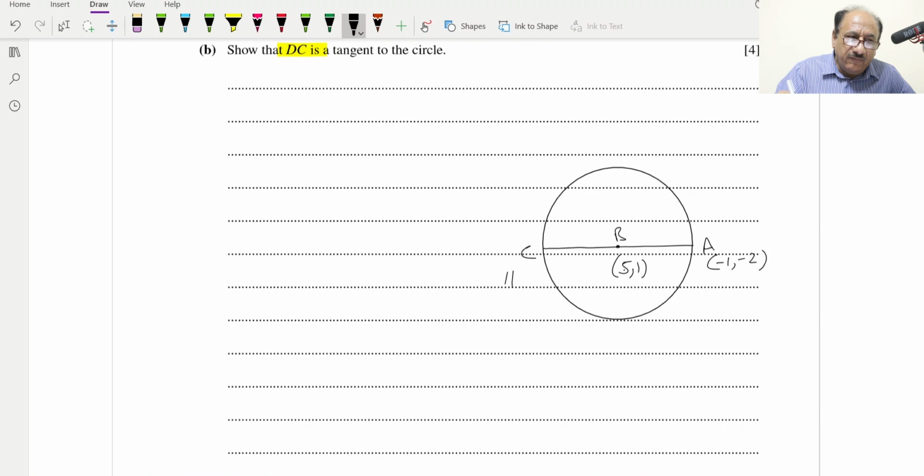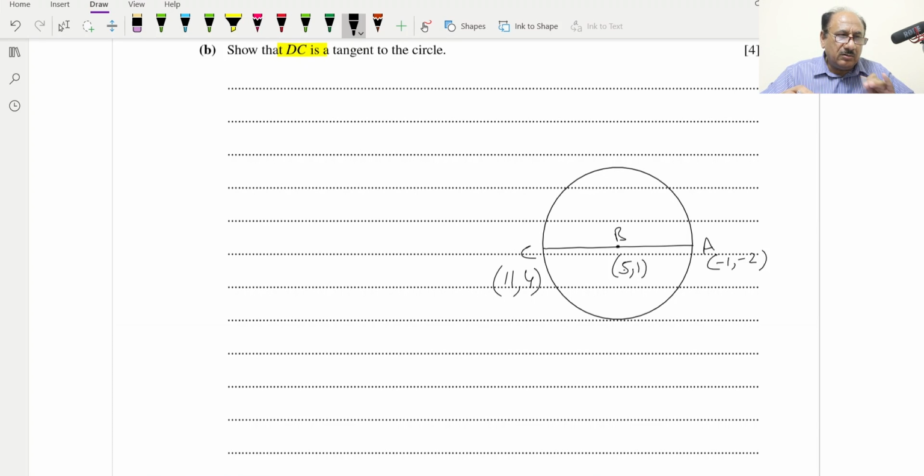The difference between the other coordinates is 3, so we add 3 to 1, and it will be 4. So 11 and 4 will be the coordinates of C.